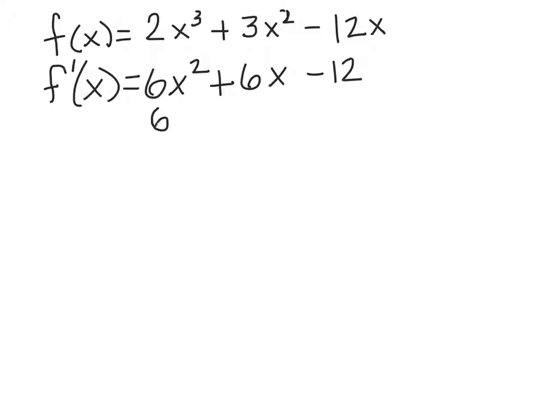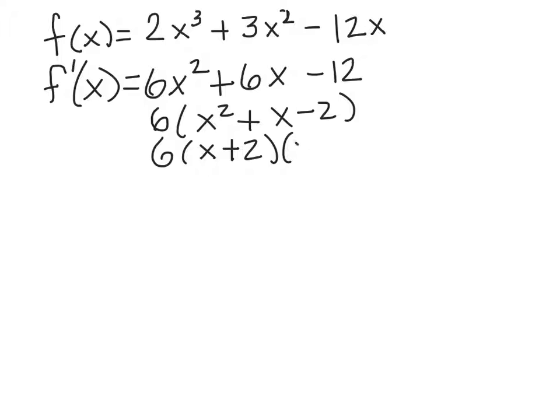So I get a 6 times x squared plus x minus 2. And this factors to 6, x plus 2, x minus 1. Okay, so that gives me critical numbers of x equals negative 2 and x equals positive 1.